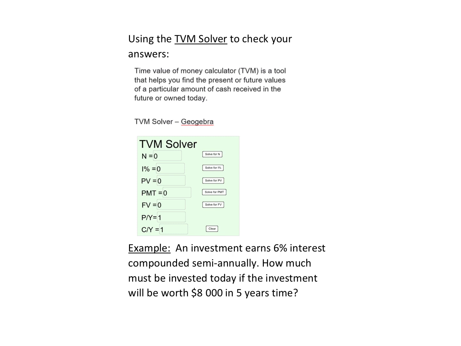So you'll notice in the TVM solver we have an N. N is the same as the N in your formulas. So N is the total number of compounding periods, just like it is in the formulas. Then we have an I, an interest rate. So the interest rate you just put in to the TVM solver as it is.